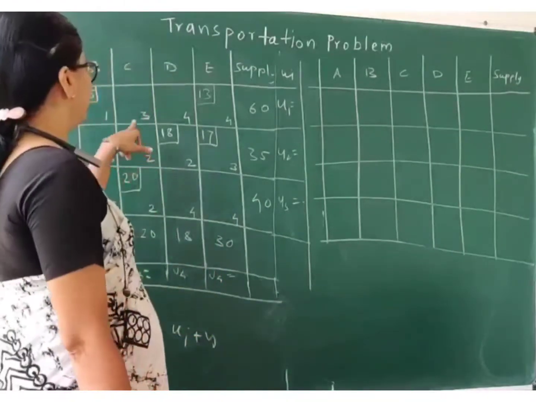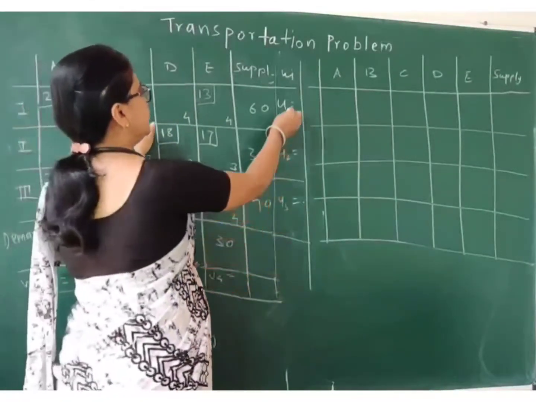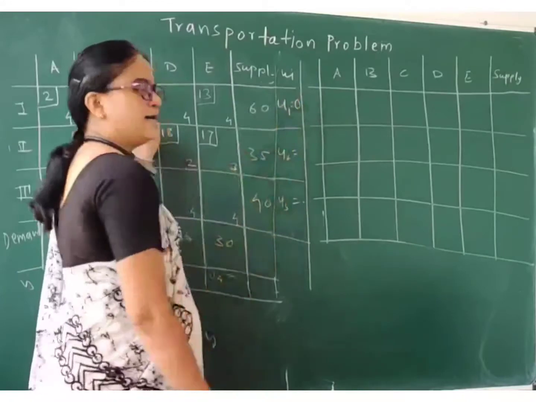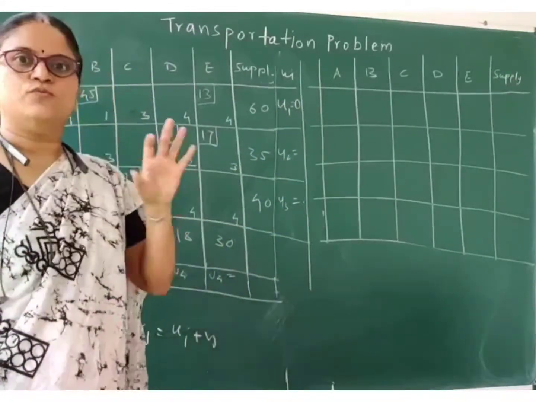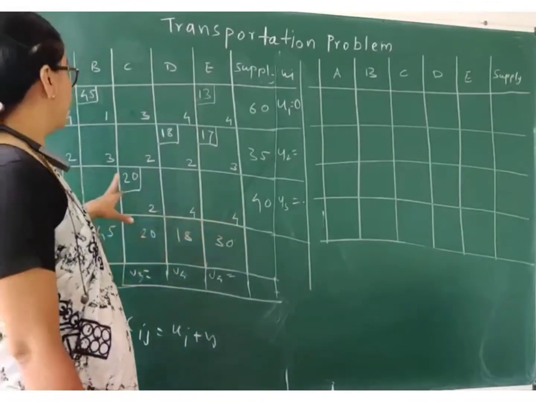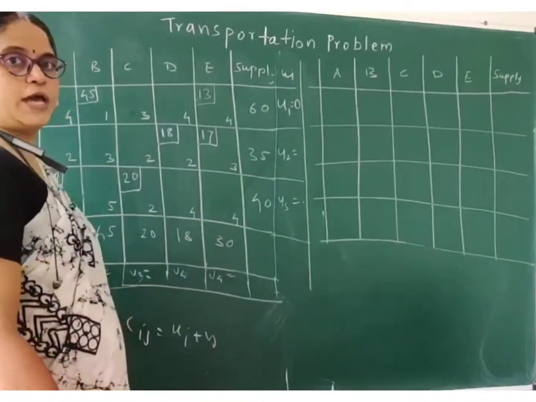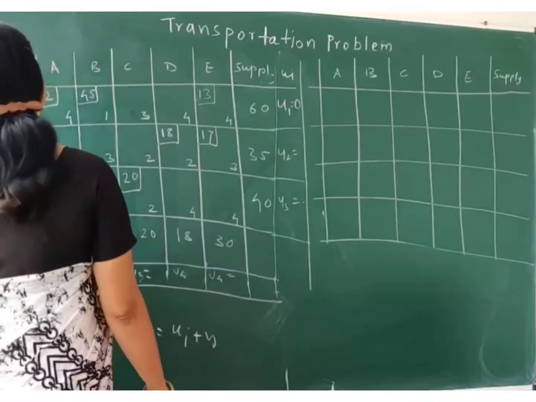In my problem, the first row has the maximum occupied space, so the first value of U is 0. We calculate Ui and Vj for occupied cells only.